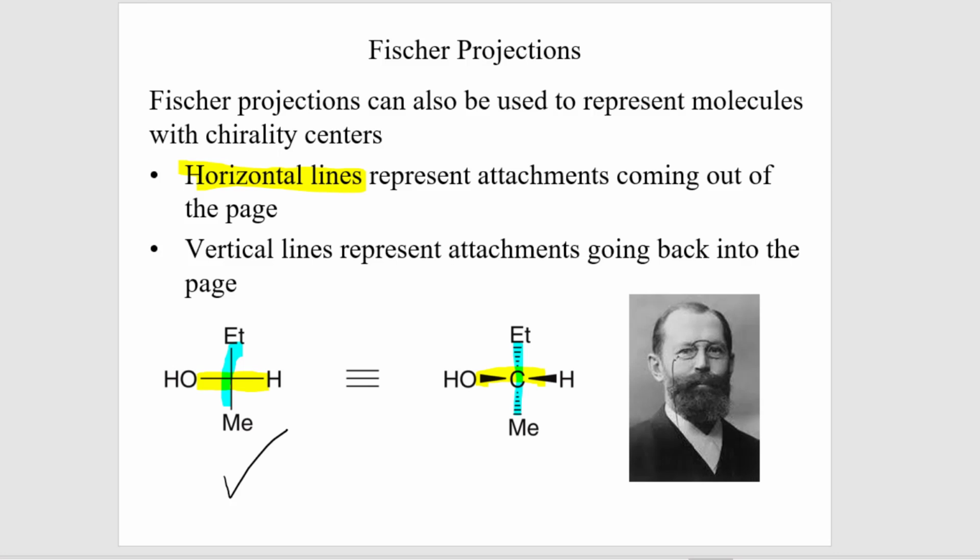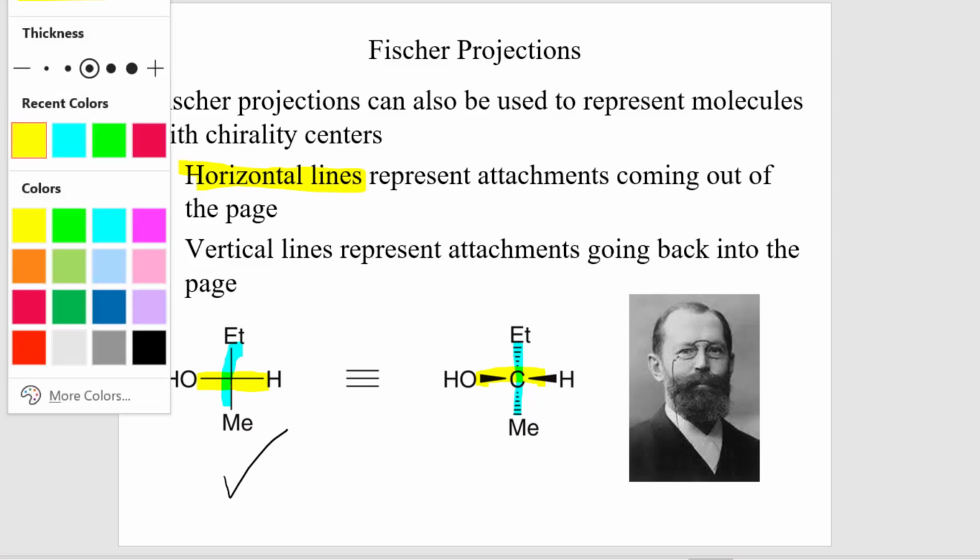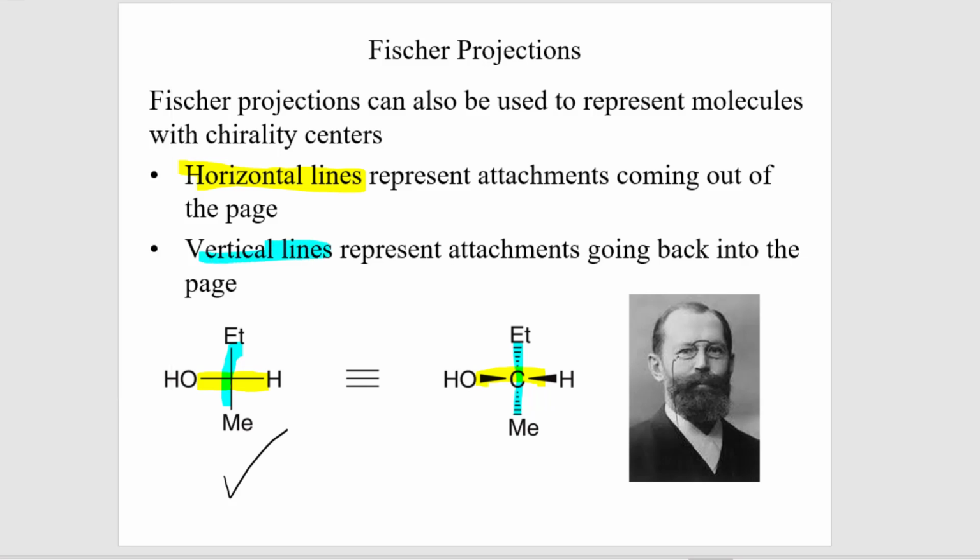And now I always think about Fisher projections like this. How do you remember that vertical is always going back and horizontal is always going front? This is how I remember it. Okay, we're going to draw a dead fish head.